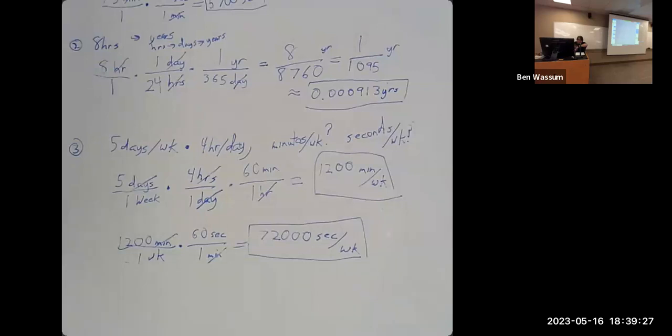So if you wanted to know how many seconds you work in a week for an 8-hour shift, on the off chance that you work exactly 8 hours every day, you would double that. So it'd be 144,000 seconds in a week. Right? It's horrible to think about.